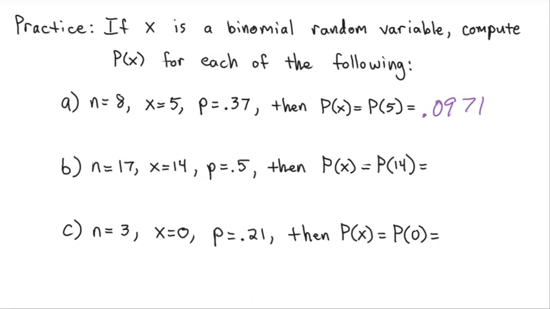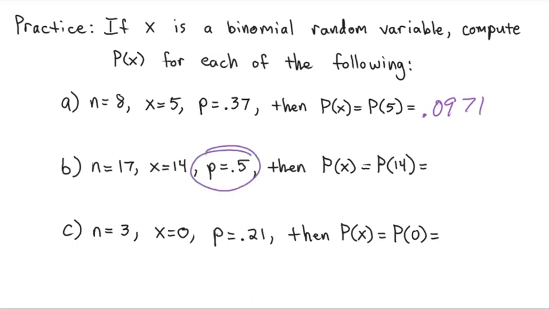Part B says when n is 17 and the probability of success is 0.5. By the way, probability of success 0.5, that's the same thing as flipping a coin. A coin flip is a binomial random variable, and probability of getting heads is 0.5, and probability of getting tails is also 0.5.